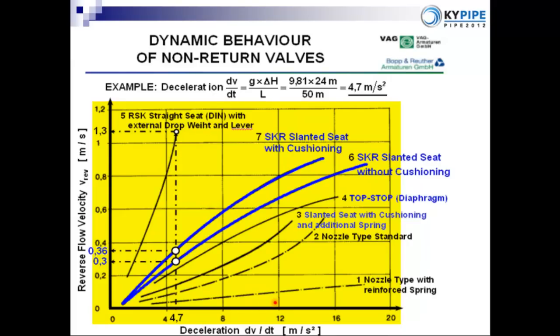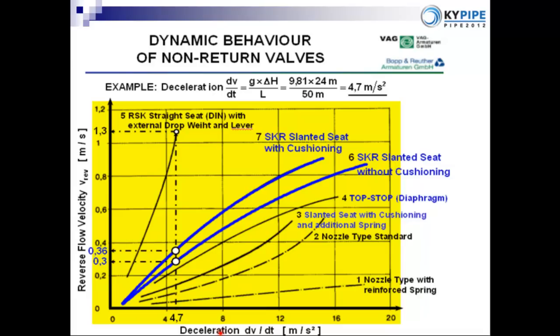So what they're saying is, if we can determine the deceleration of the flow right at the time when the flow becomes zero, the manufacturers found experimentally what would be the potential reverse velocity when the check valve closes.